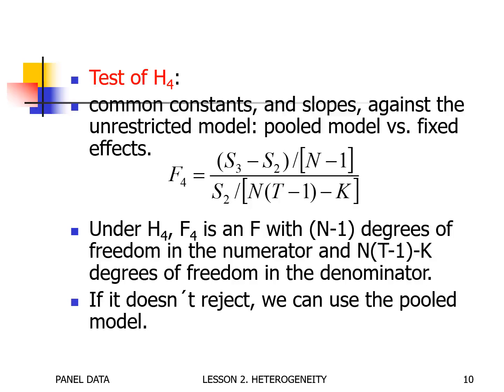Now the idea is, if the test does not reject, you can use the pool model. Typically the test is rejected and you cannot use the pool model, and you have to use a model that allows for different constants. That is the typical case.